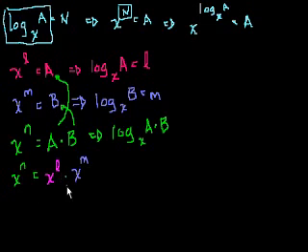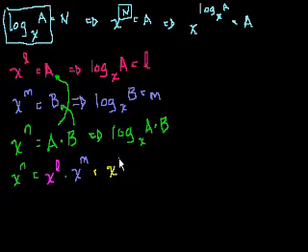Well, what's x to the L times x to the m? Well, we know from the exponent rules, when you multiply two expressions that have the same base and different exponents, you just add the exponents. I don't know if I said that verbally correct, but you get the point. When you have the same base and you're multiplying, you can just add the exponents.